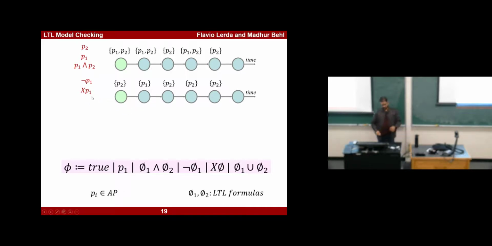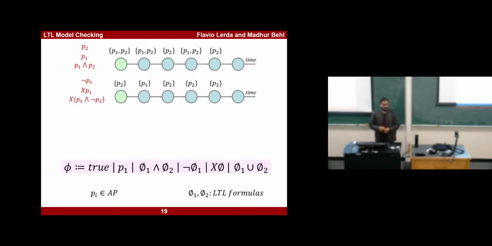What's the answer? Does the second trace satisfy X P1? Yes or no? It does, right? I hope everybody is on board. It does, because when we say X, we are talking about the next state, and P1 is true.